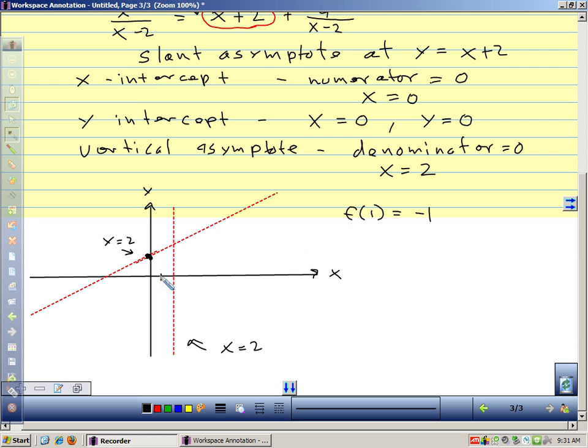So f of 1 is -1. So I have a point down here. And if I plug in f of 3 and calculate, I get 9. f of 3 equals 9. So out here, I'm up here at y equals 9.